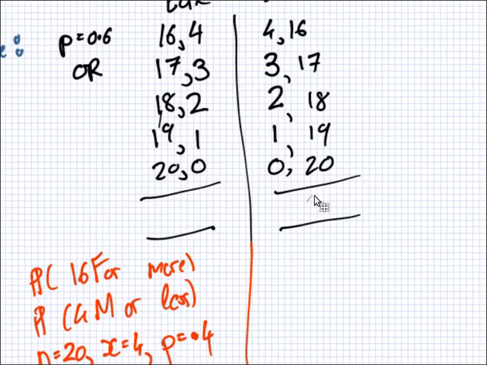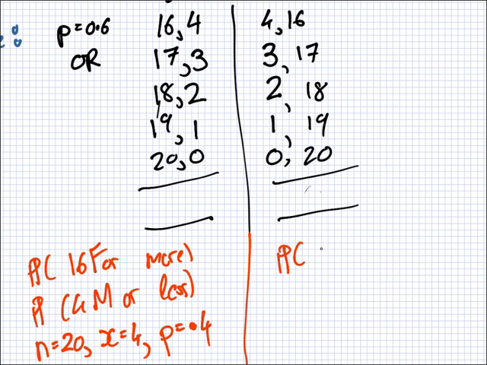Now this one here, what is this one? This is the probability of 4 or less females. What's the problem with this one in the table book? Well, the probability is 0.6. Can we look up 0.6?